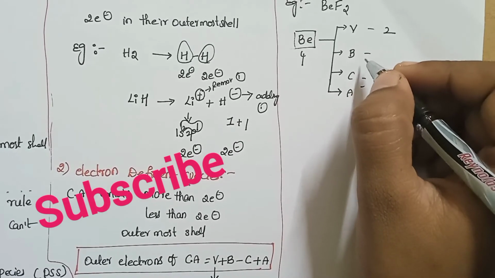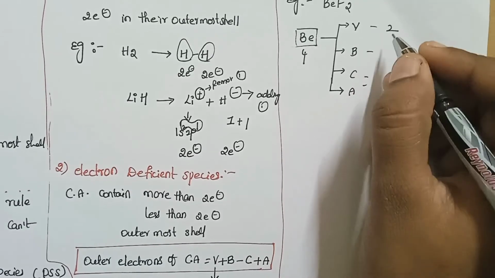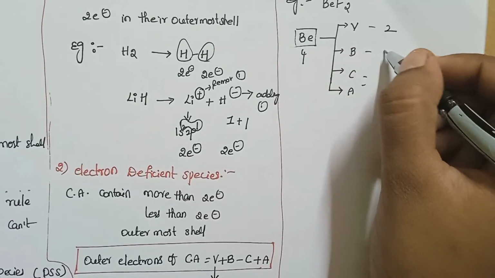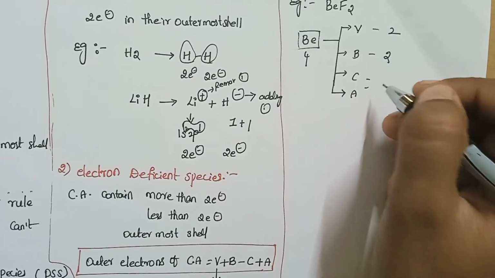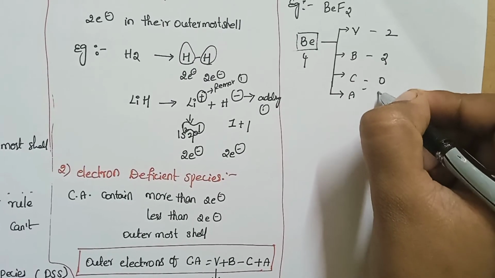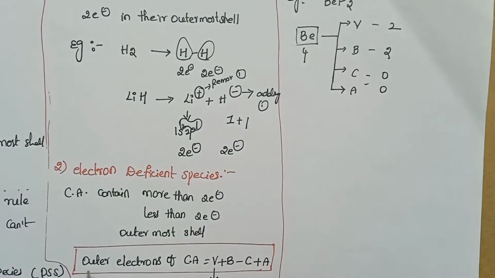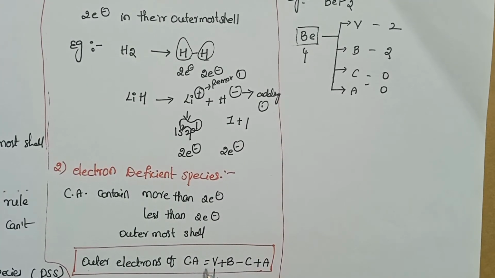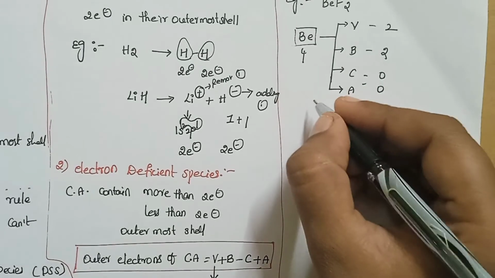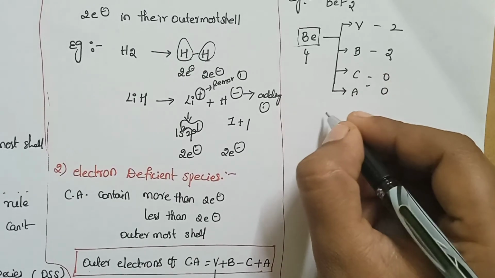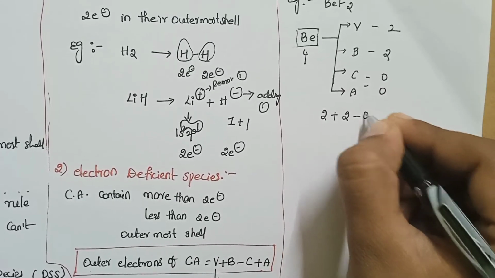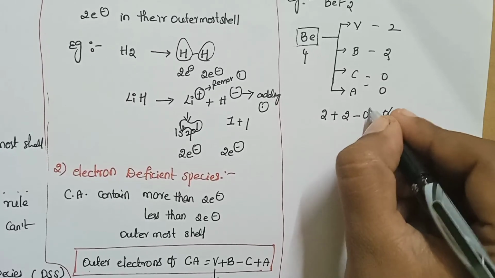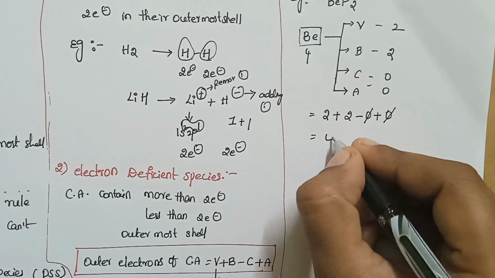B, number of bonds formed by central atom, means 2 bonds are formed in beryllium. C and A, magnitude of positive charge and negative charge, both are 0. So apply the equation: V 2 plus B 2 minus 0 plus 0, so 4.